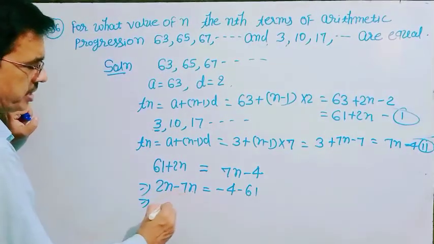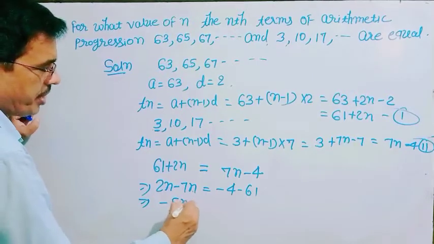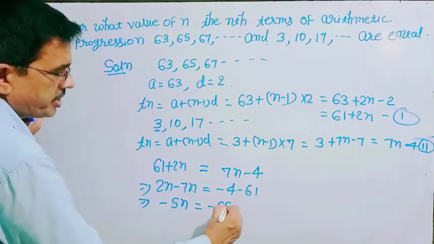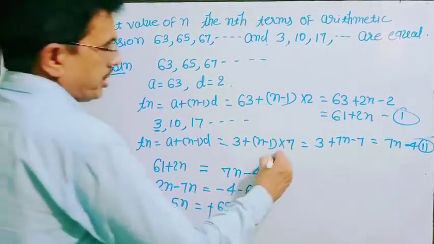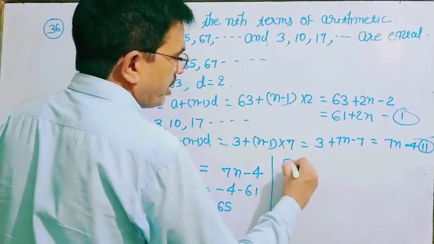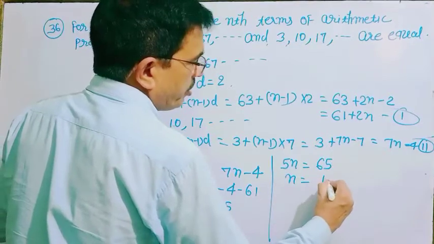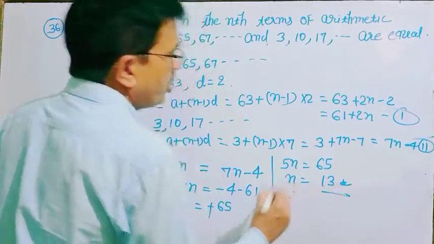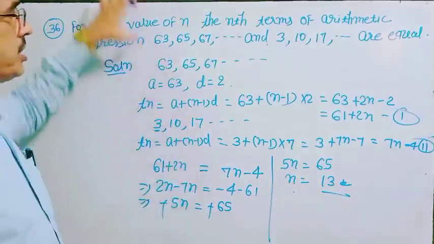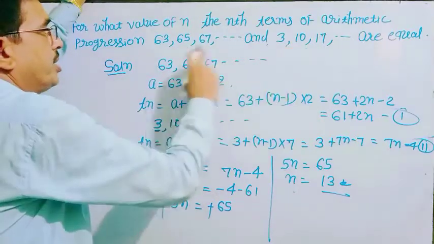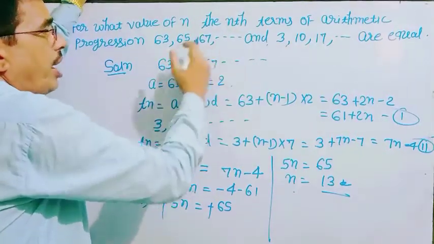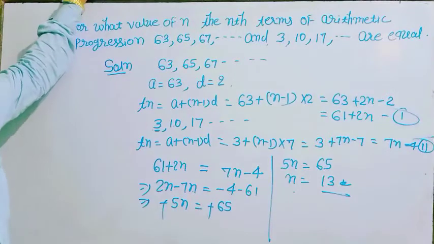Then 2n minus 7n, that is minus 5n, is equal to minus 65. Cancel the minus. Hence 5n is equal to 65, so n is equal to 13. So the 13th term of both APs is equal in this question.